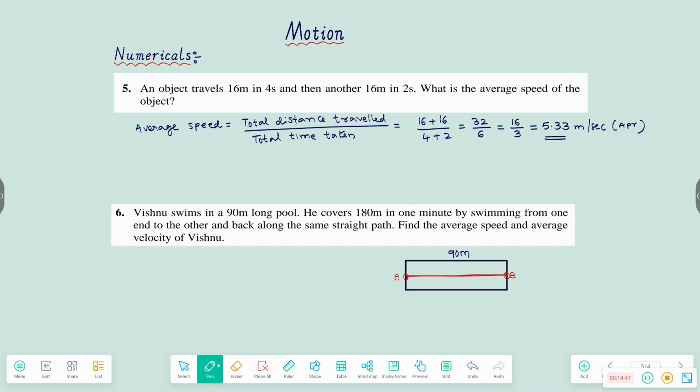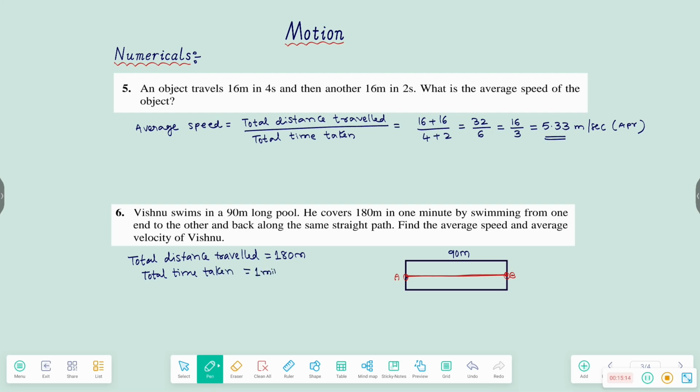So it is given that the total distance traveled is 180 meters for going A to B and from B to A, and the total time taken is given as 1 minute.